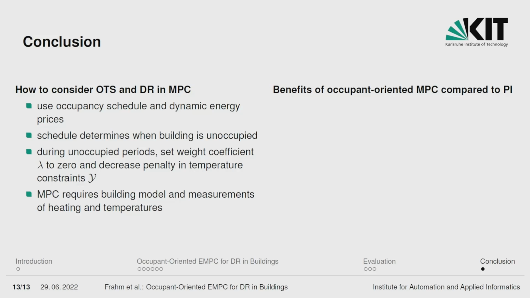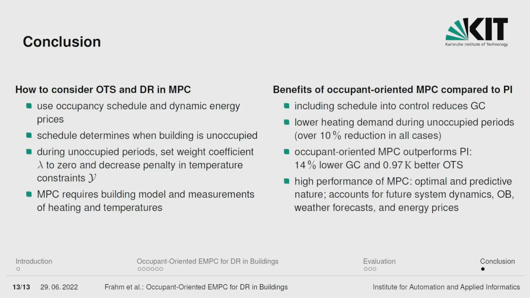However, the model predictive controller requires a thermal building model and measurements of heating and temperatures. Therefore, the benefit of this controller is that the included schedule reduces the grid cost significantly because of the lower heating demand during unoccupied periods.